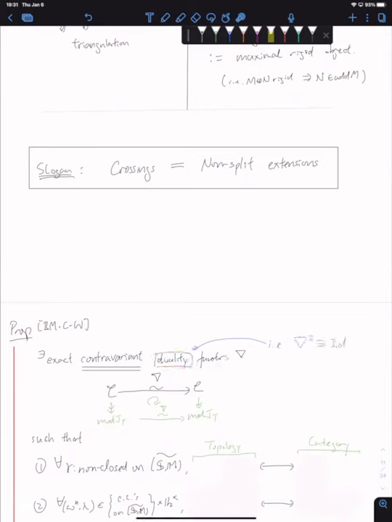But I have to stress very carefully that this is contravariant, so it reverses the direction of morphisms, and it also anti-commutes with the shift in the cluster category.